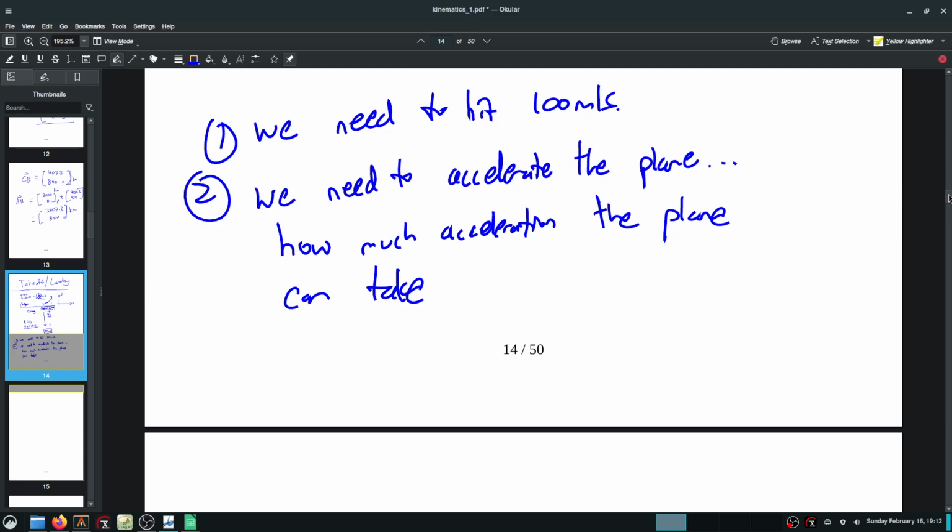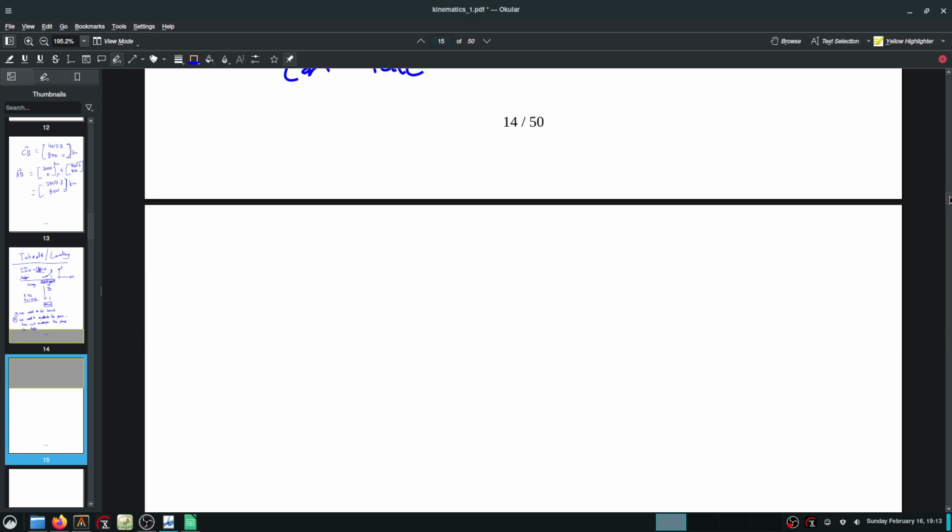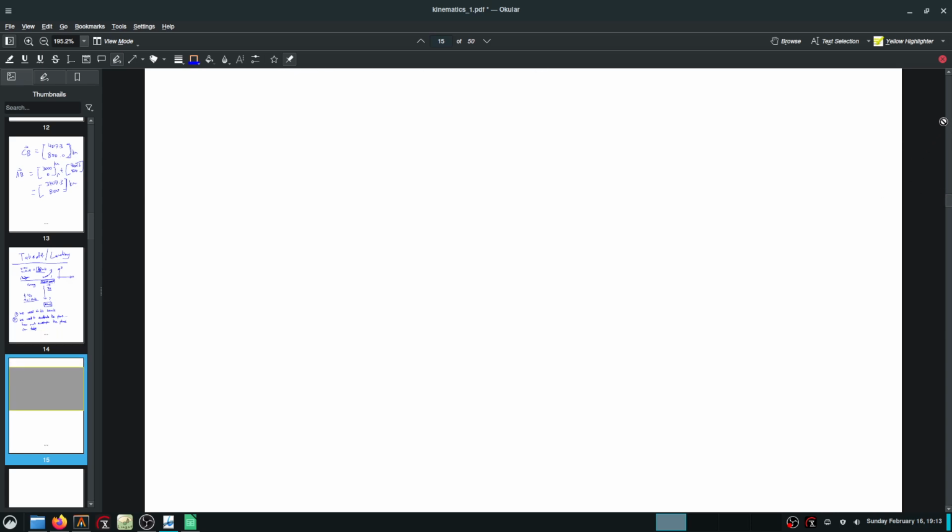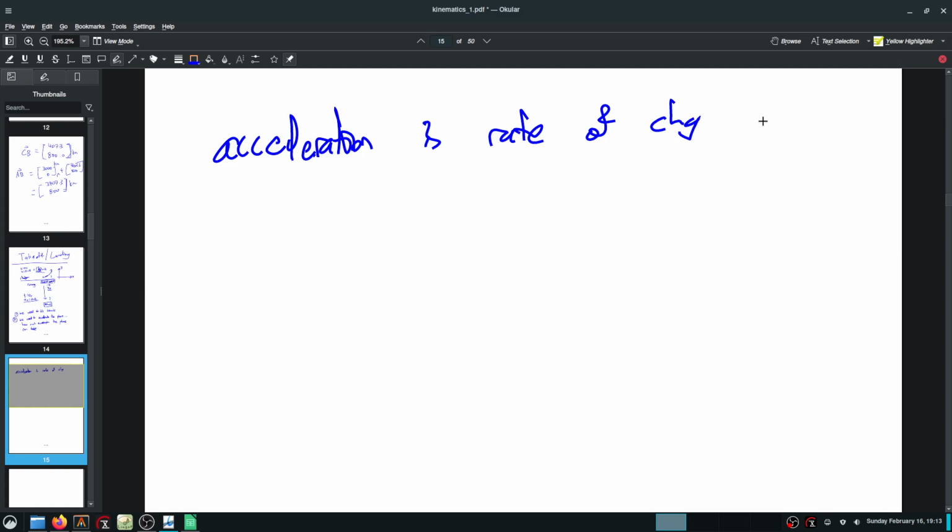Now, in terms of acceleration limits, because of course we need to, acceleration is the rate of change of velocity with respect to time. Acceleration is also a vector.